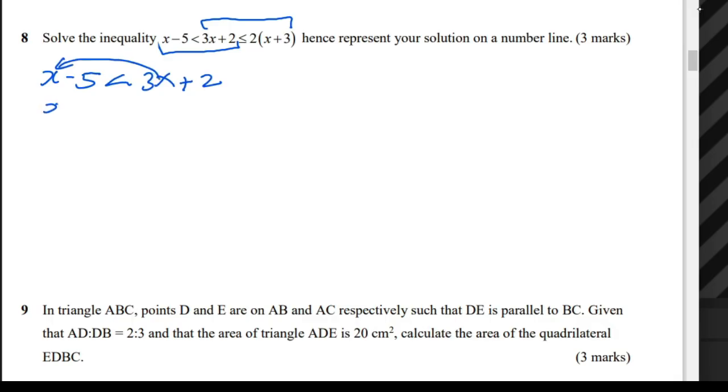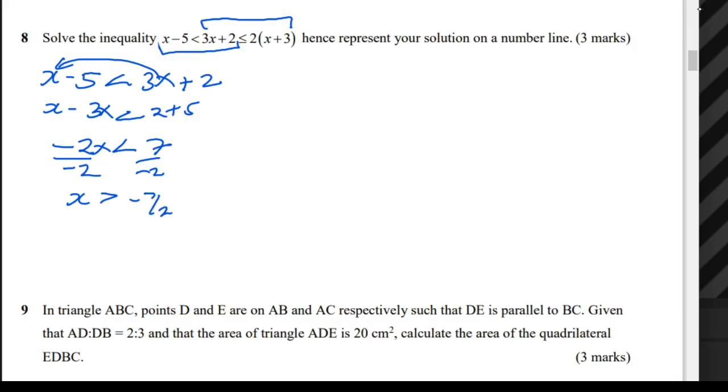So x minus 3x is less than 2 plus 5. Negative 2x is less than 7. It means that you divide by negative 2 to find x, therefore x is greater than negative 7 over 2.